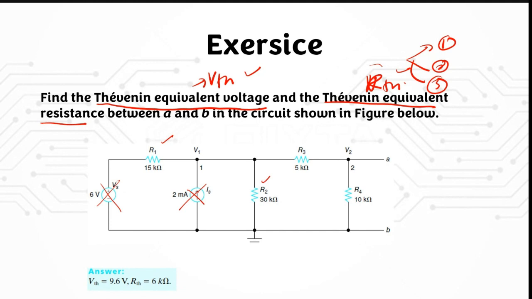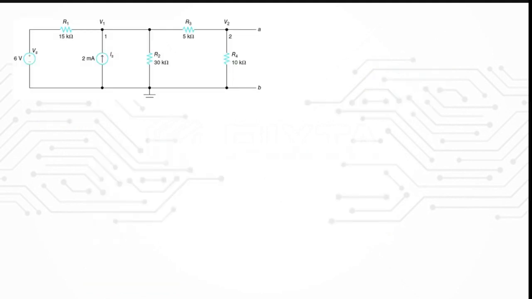Okay, so in order to calculate your RTH, you can use method 1, where you can just turn off the sources. If you redraw the circuit, by turning off this voltage source you will have a short circuit, and then you have this resistor, and by turning off the current source, you will have an open circuit.